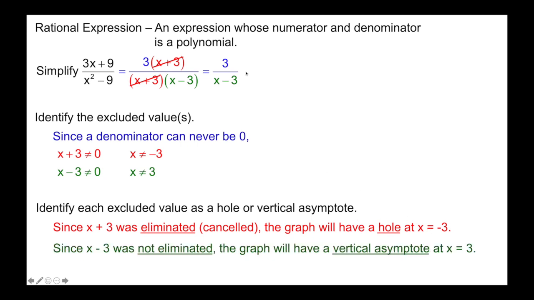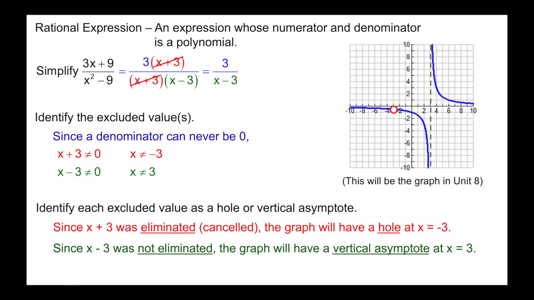Now, what's left in the denominator once the expression is fully simplified, and in this case that's the green part, this x minus 3, we found out that meant that x could not equal 3. That was my excluded value that came from the denominator. And that is going to tell me that that's going to be a vertical asymptote here. So again, the canceled term is going to give us the hole, and the denominator is going to give us the vertical asymptote. And this is the graph of this rational expression, and we will look at that in Unit 8.